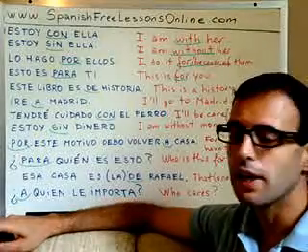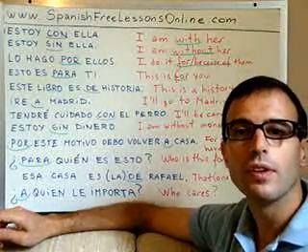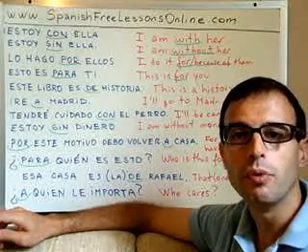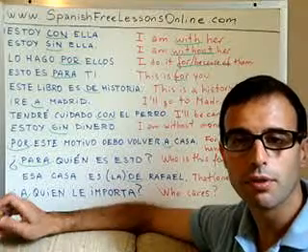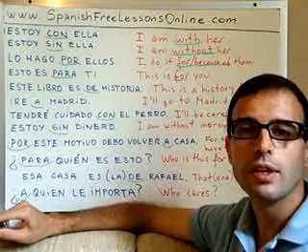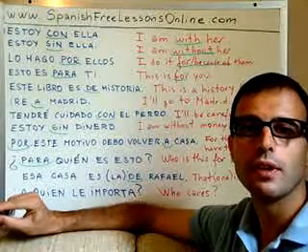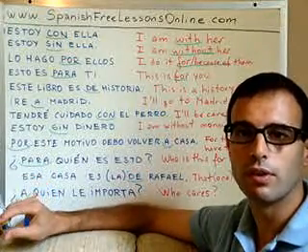As we always say, since the conjugation of the verb in Spanish already implies the pronoun or the person, you can and you usually do omit the subject or the pronoun in the sentence.